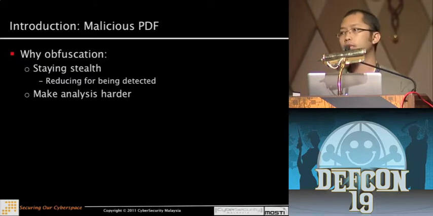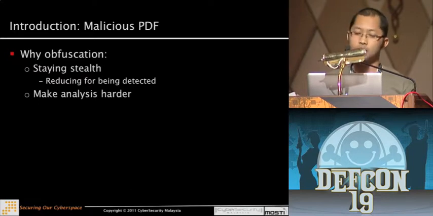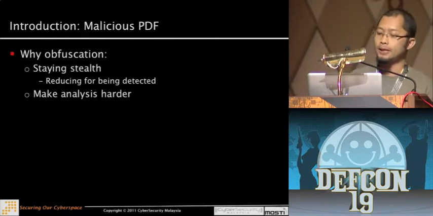And one of the things is to try to make analysis harder. Because if you were here for the previous presentation about APT, we still believe that in the end of the day, your tool is going to be detected. But you can make analysis harder by implementing some obfuscation.